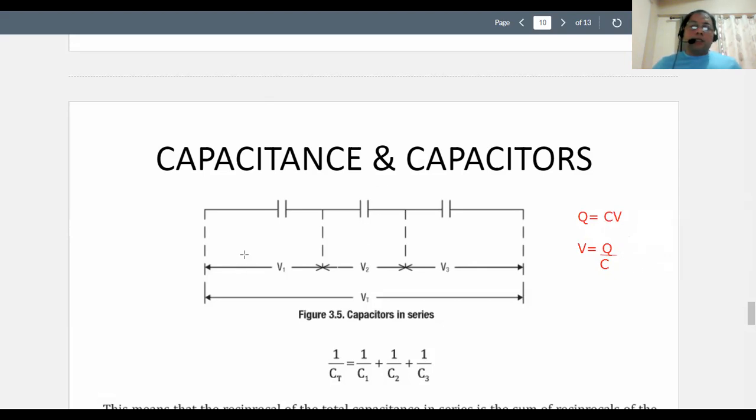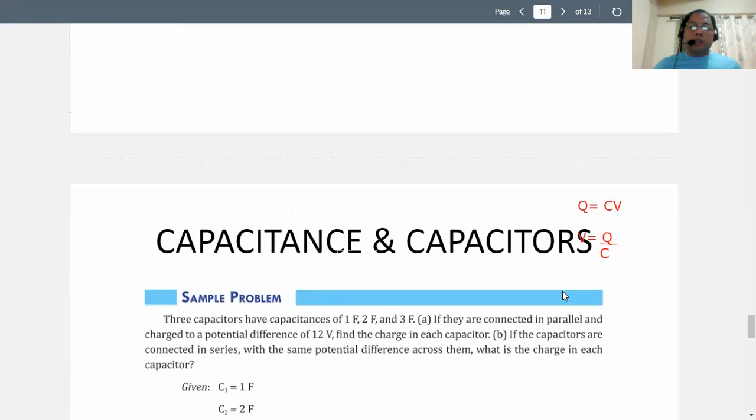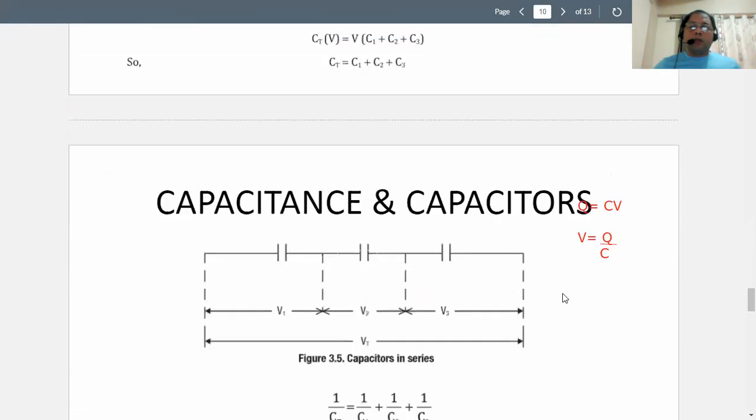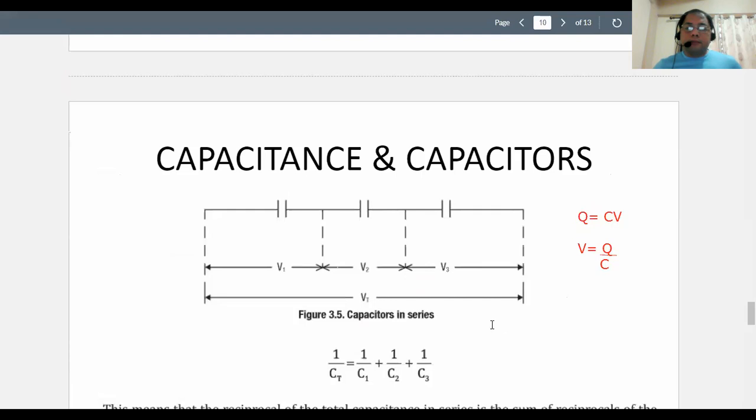Now, what are the things that we have to remember whenever we are dealing with capacitors attached in series? First of all, the total voltage V sub T is equal to V1 plus V sub 2 plus V sub 3.